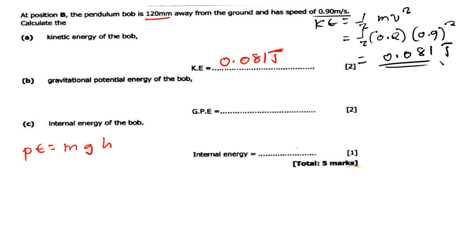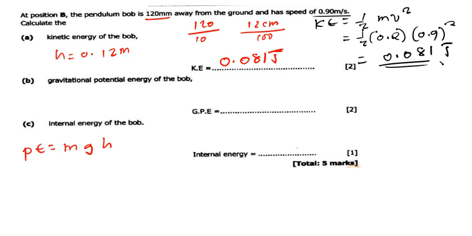So I'll first divide by 10 to convert from millimeters to centimeters. That is going to give me 12 centimeters. Again, to convert from centimeters to meters, divide by 100. So my height h should be 0.12, like that. Now that is in meters.